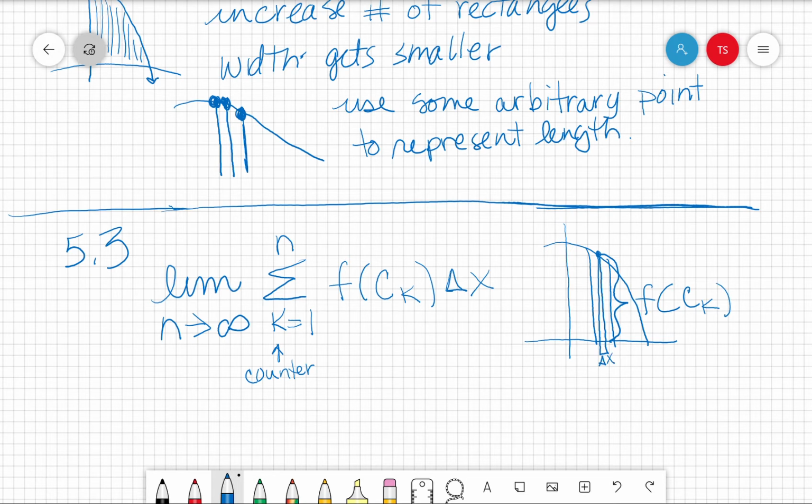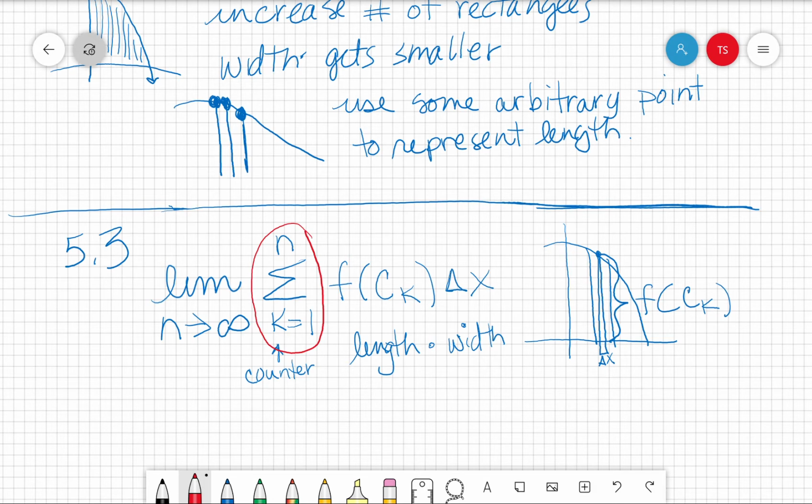So that's our length times our width. Because we're taking the limit as n goes to infinity, as the number of rectangles goes to infinity, we can just use some arbitrary point in that interval.